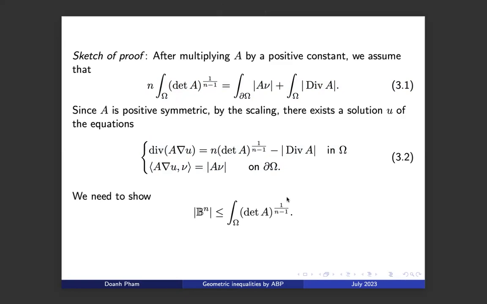Because of the scaling, we need to show that the integral over omega of the determinant of A is greater than or equal to the volume of the unit ball.